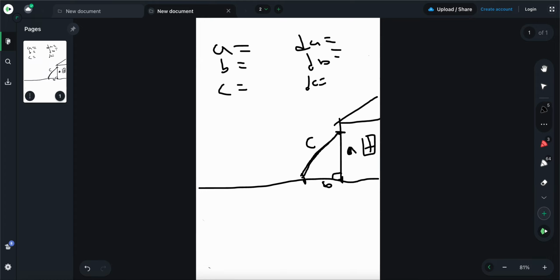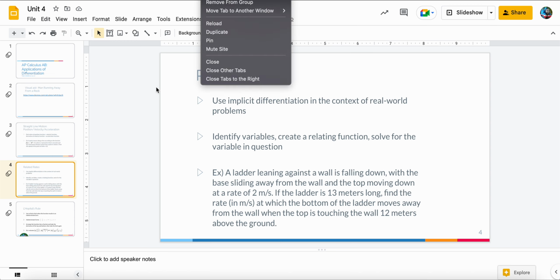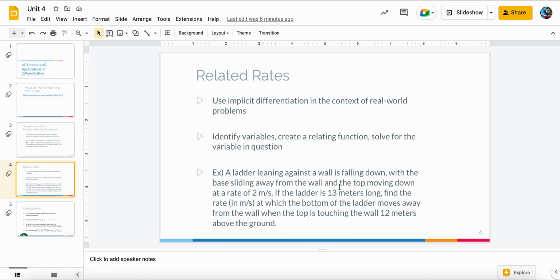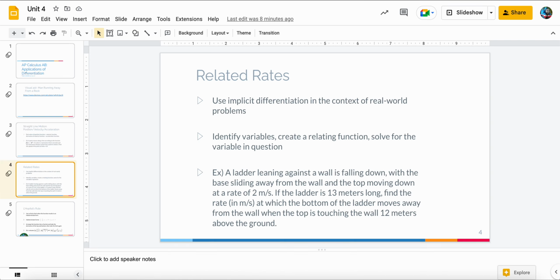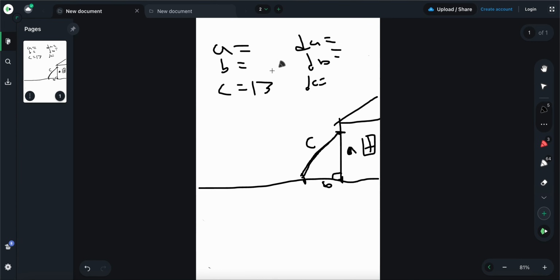And we can substitute in what we're already told. So we've been told that the ladder is 13 meters long. That means C is 13. And we are finding it at the point when the top is touching the wall 12 meters above the ground. So that's 12 for our A value.